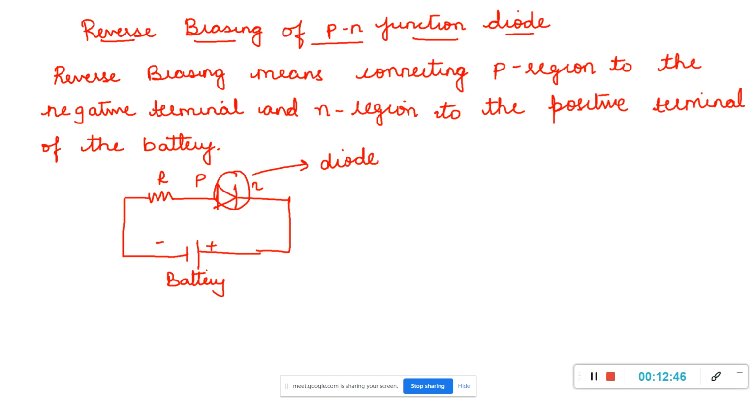So this shows the reverse biasing of the diode. It is a symbolic representation of the reverse biasing of the PN junction diode. Now let me explain with the help of the figure.